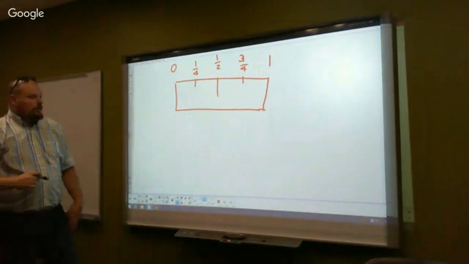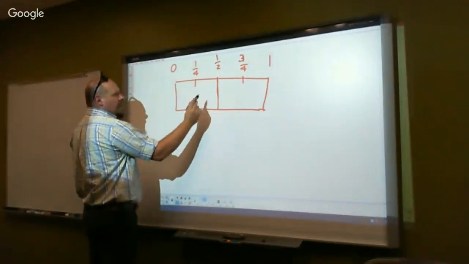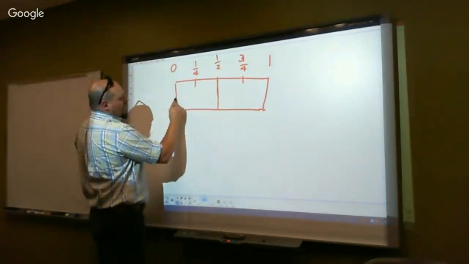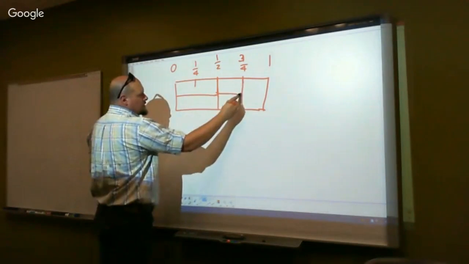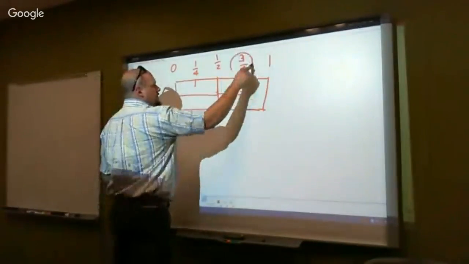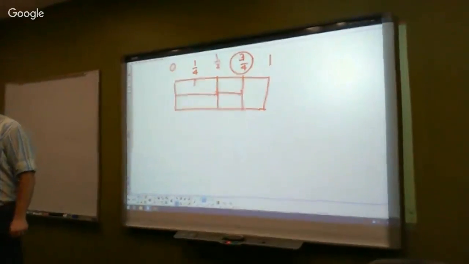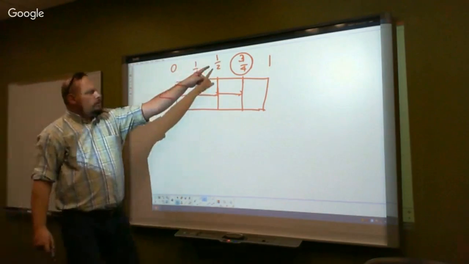Cool? So here's a 1/2. We're going to start here, 1/2 plus a quarter. Here's our 1/2, right? Plus this quarter. Three-quarters. So this is like 2/4, right?